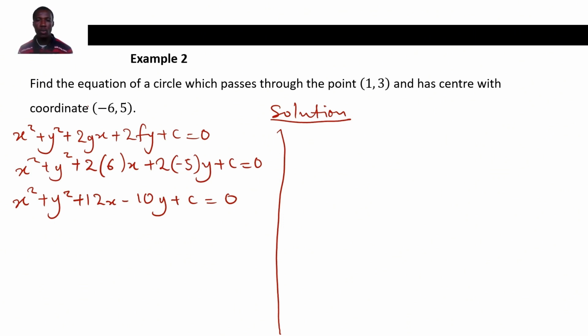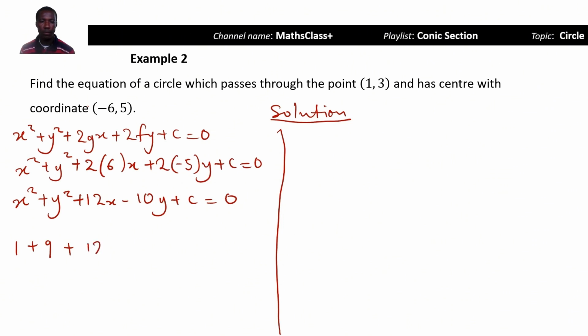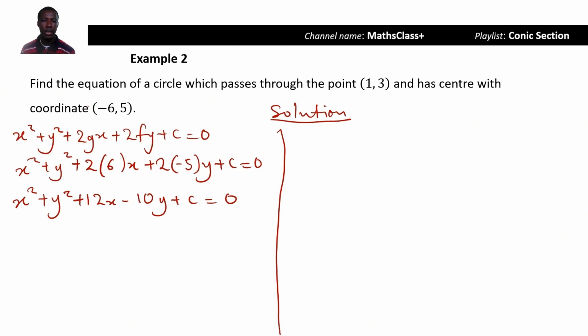Knowing that the point 1, 3 is on the circle, it means that it satisfies the equation. And so we substitute the point 1, 3 into the equation, and that will help us to get the value of c. Okay, let me do the substitution properly.